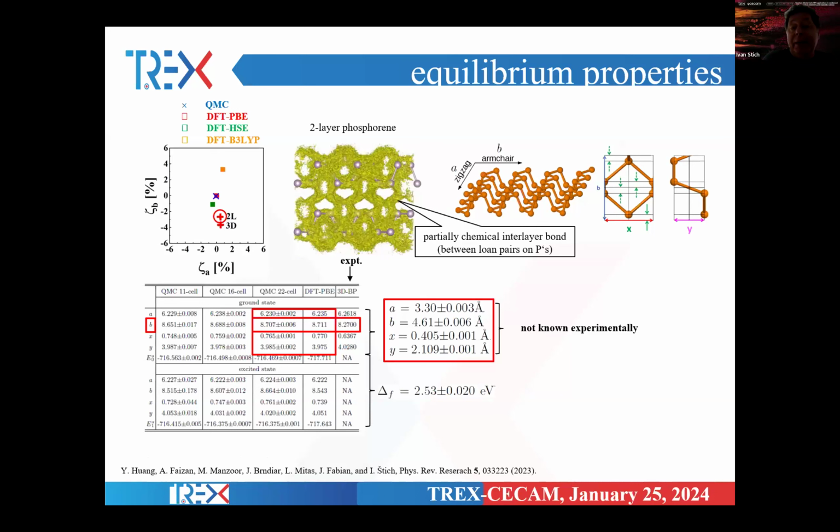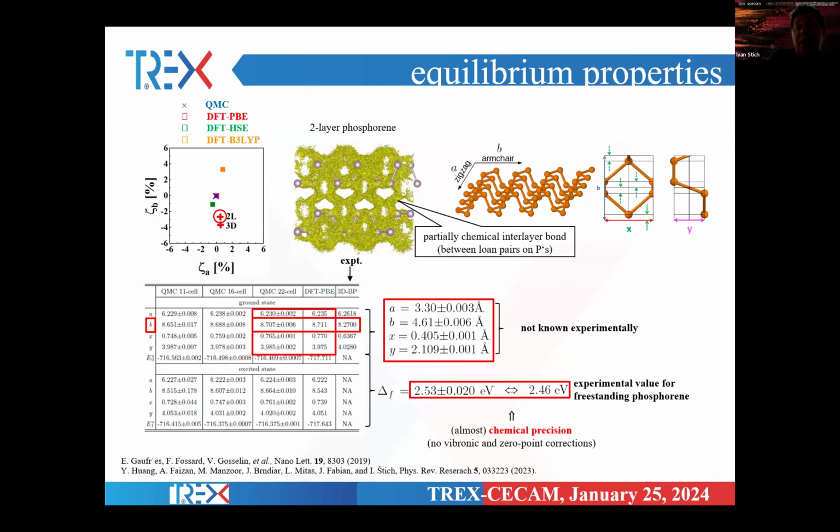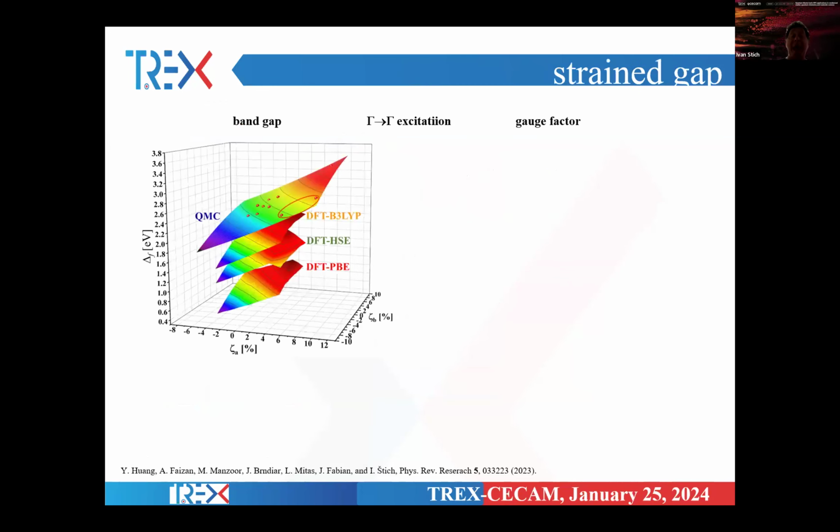Okay, let me now compare the band gap, which I have shown already on the first slide, and the agreement is really spot on with the experiment. So we have almost chemical accuracy here. Now, straintronics. This is the gamma to gamma excitation, how it scales with applied strain, and you see it's almost a plane here.